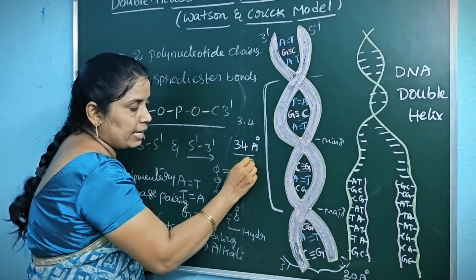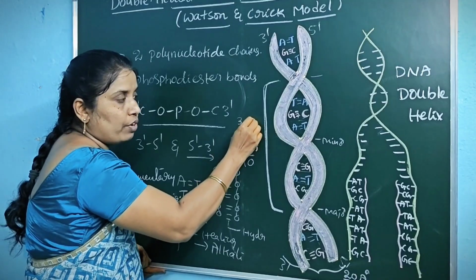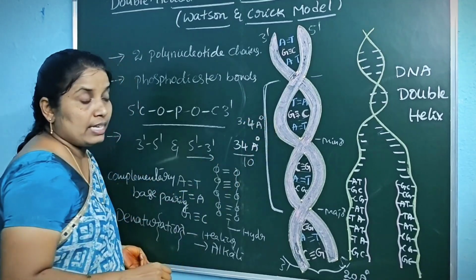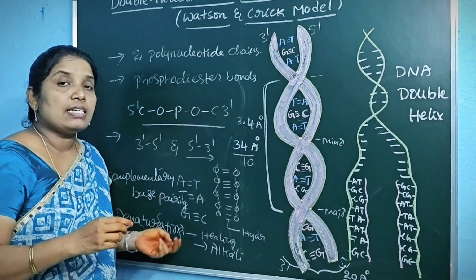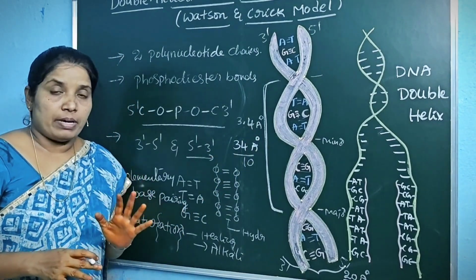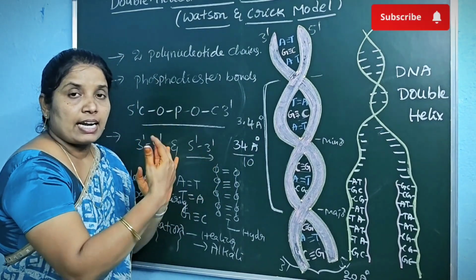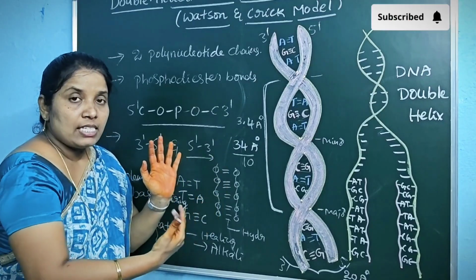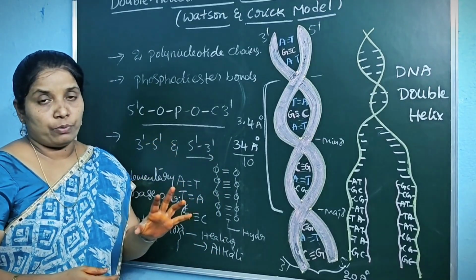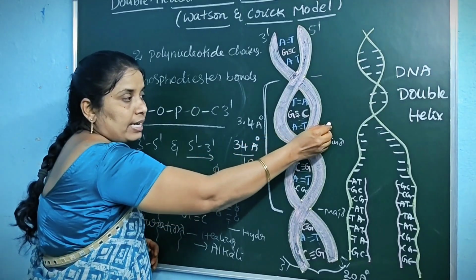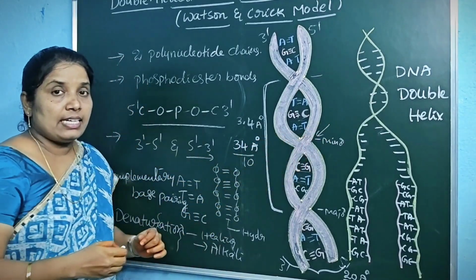Okay, 34 divided by 10 is equal to 3.4 angstroms, the distance between two base pairs. That means each helix has 10 base pairs. So it is a right-handed helix. Each turn consists of a major groove and a minor groove. Actually, proteins interact in these grooves.